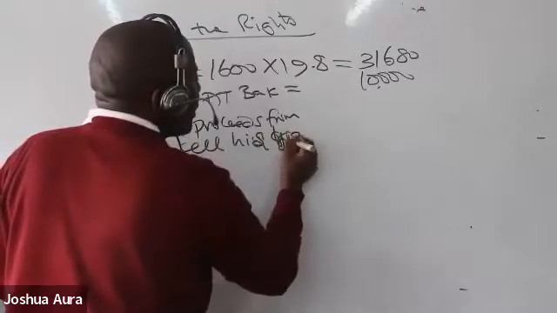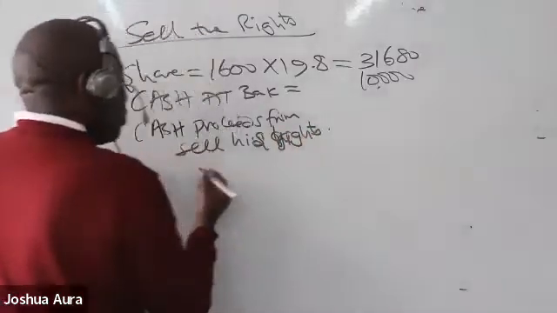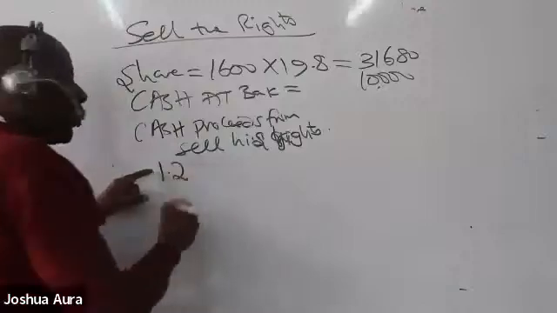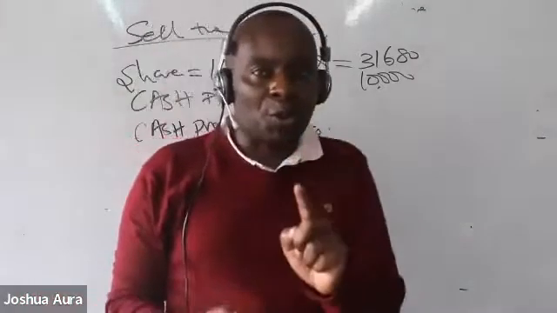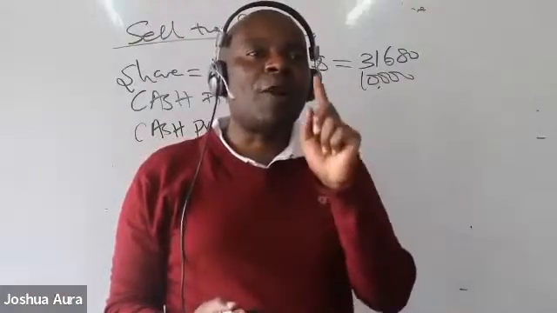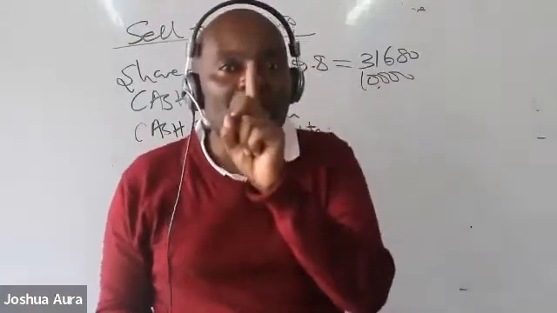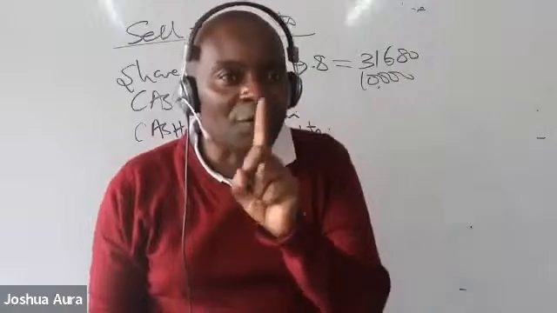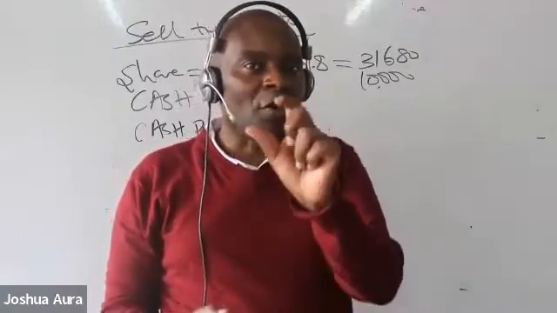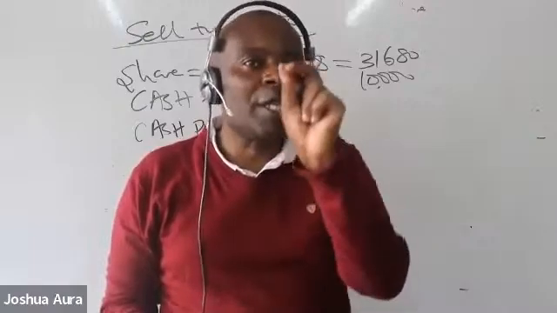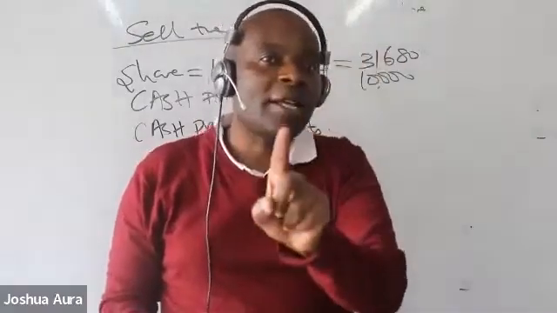Now, there is something you're supposed to know. The 1.2 that we got, the value of a right, is always the value per old share. We call it the value of a right, but it is attached to each of those old shares that you have.